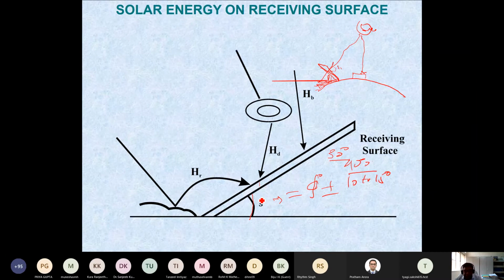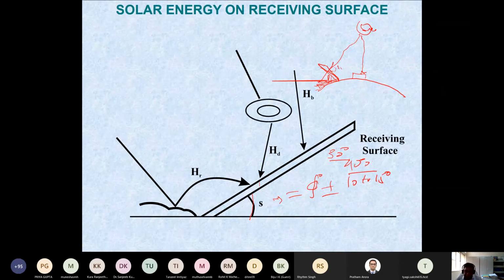This is a thumb rule based on optimization. Otherwise, if you want to tap the entire incoming solar radiation, this angle has to change every hour, so that the solar radiation falls on your receiving surface perpendicularly. That is the basic objective.